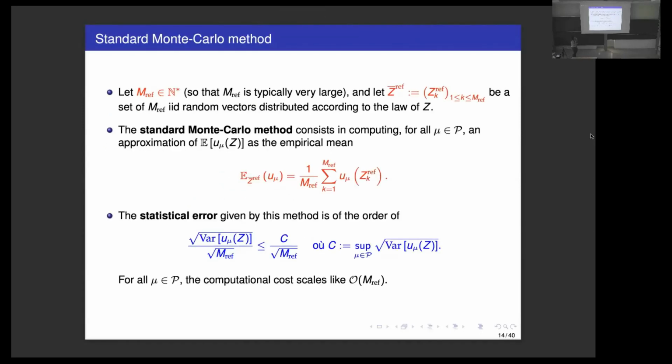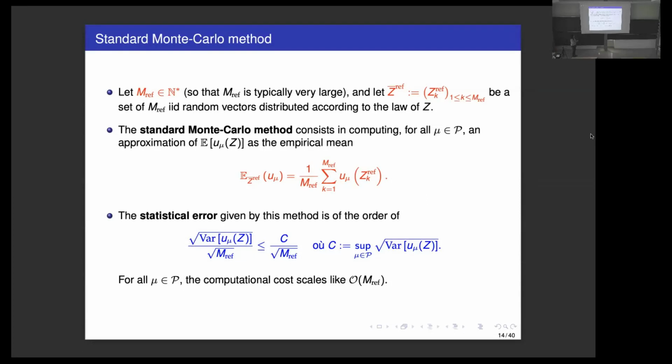So the standard Monte Carlo method reads as follows. You take a number of samples, m_ref, that will typically have to be very large. Z bar ref is some collection of IID random vectors of cardinality m_ref. The standard Monte Carlo method, the most direct one, consists in approximating, for every value of the parameter mu in the parameter set, the expectation of u_mu(Z) by its empirical mean associated to the collection of samples Z bar ref.